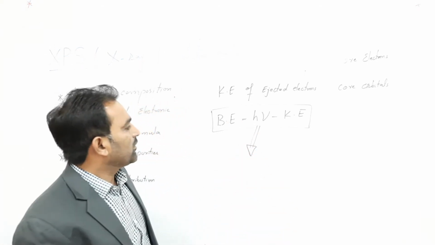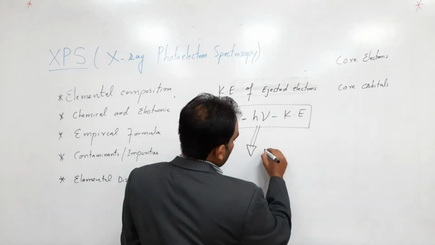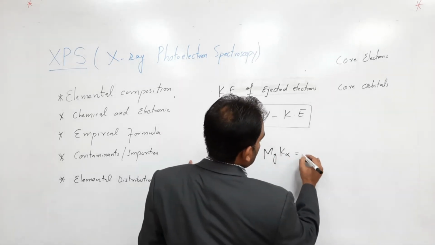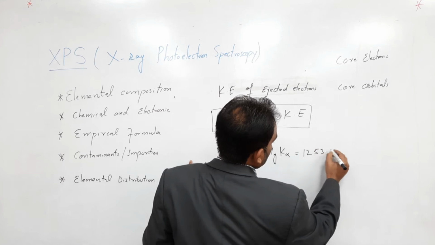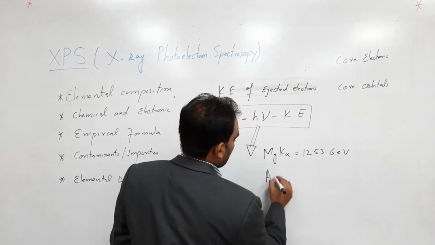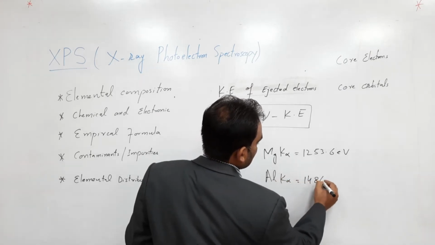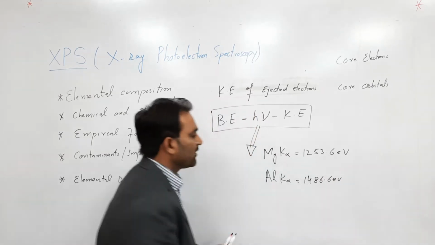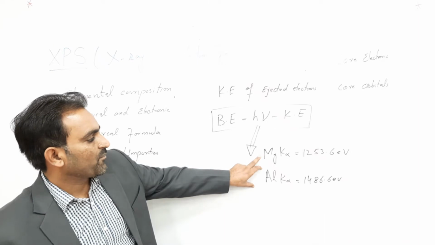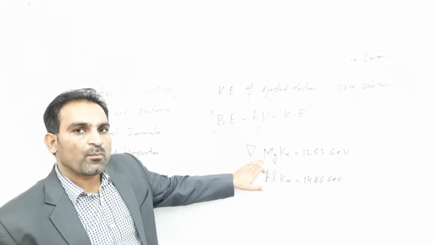Usually we use X-rays coming from magnesium K alpha, whose energy is approximately 1253.6 electron volt, or we can use aluminium K alpha, whose energy is 1486.6 electron volt. These two types of X-rays can be used for determination of binding energy.